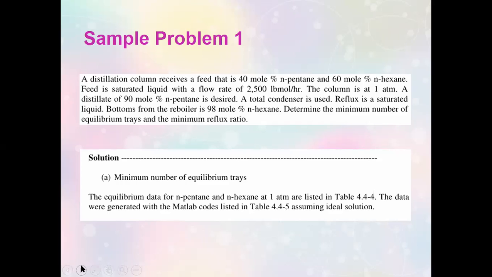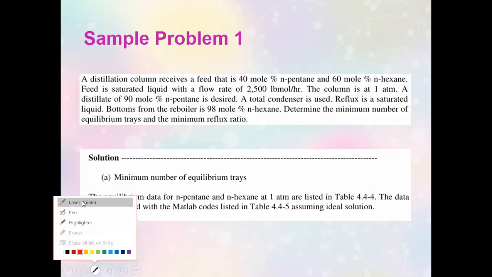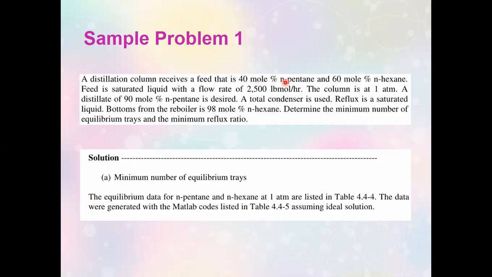The column is operated at 1 atmosphere. A distillate of 60 mole percent pentane is required. If you notice in terms of the concentration of our feed, pentane is lesser than hexane. Of the two, pentane is the more volatile.